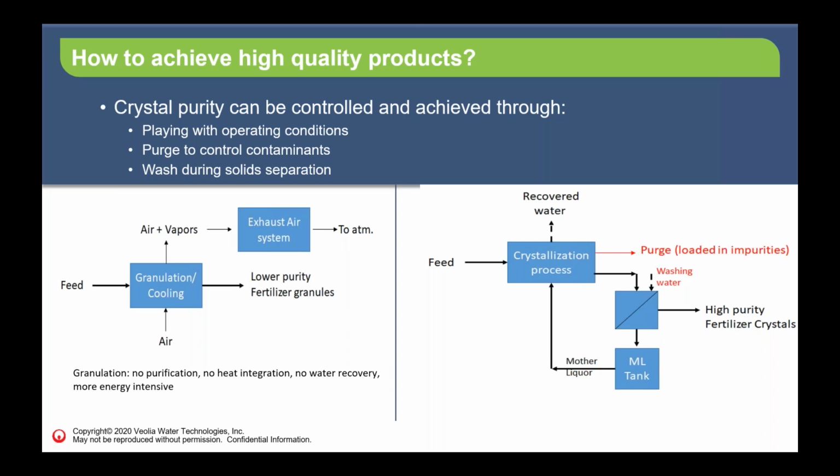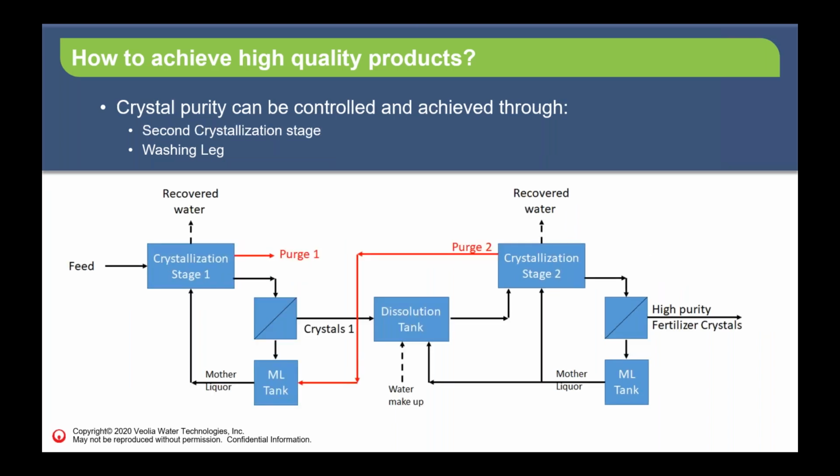Impurities are replaced with water, basically, and the fertilizer crystals will leave the liquid-solid separation with a higher purity. We can also see that the vapors leaving the crystallizer can be recovered. They can be sent to a condenser, and the process condensate can be recovered. And also the quality of process condensates can be controlled.